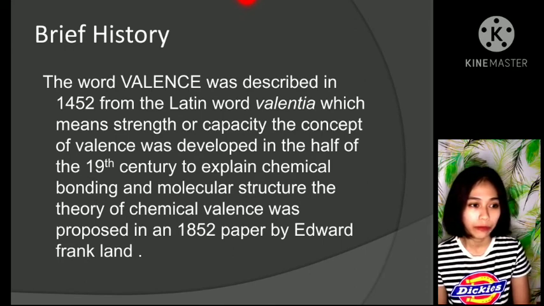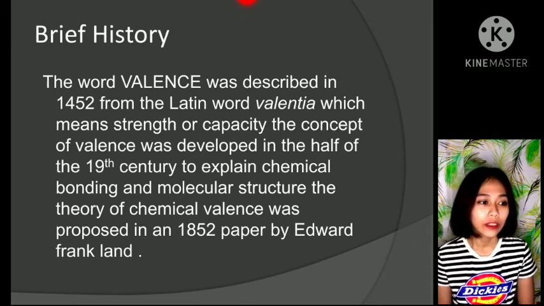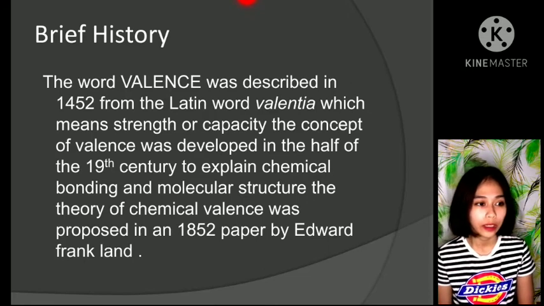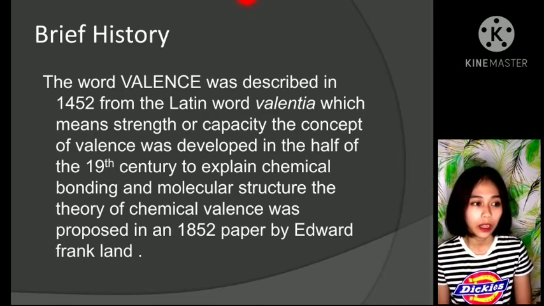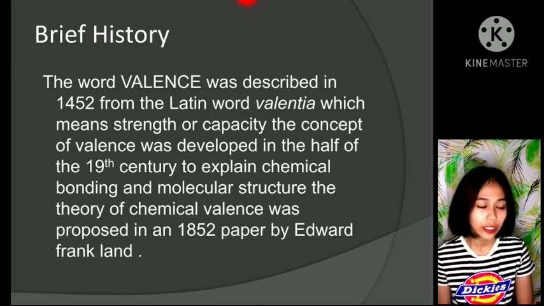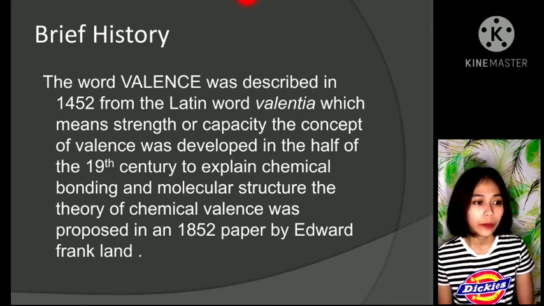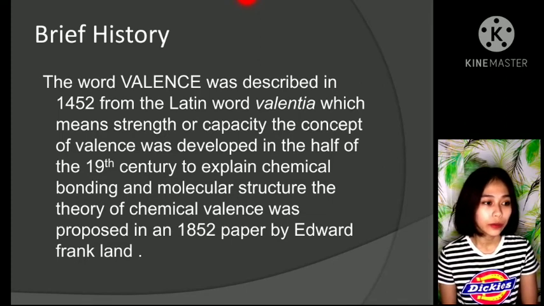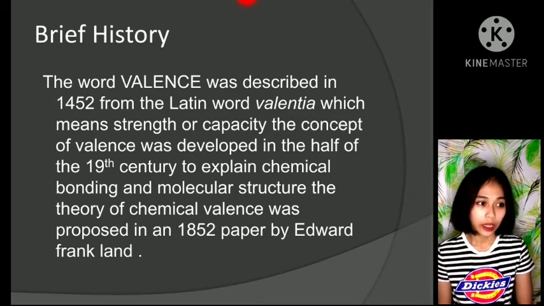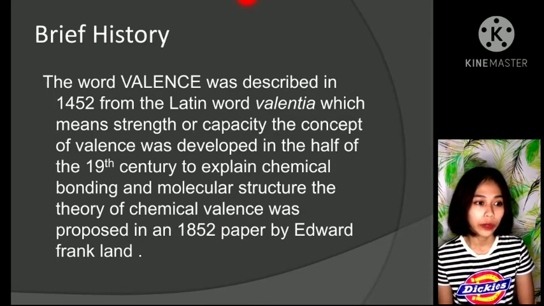The concept of valence was developed in the middle of the 19th century to explain chemical bonding and molecular structure. The theory of chemical valence was proposed in an 1852 paper by Edward Frankland.